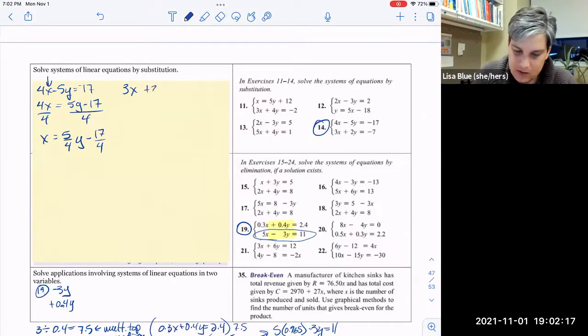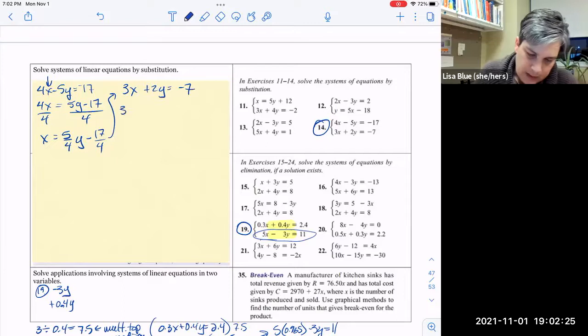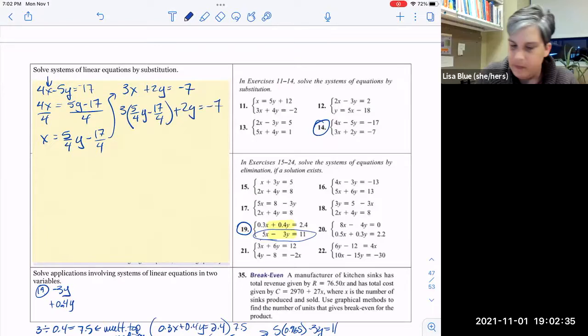3x plus 2y equals negative 7. We're going to take this value for x and plug it in there. And so everywhere we see an x, we're going to put in 3 times (5/4 y minus 17/4) plus 2y equals negative 7.